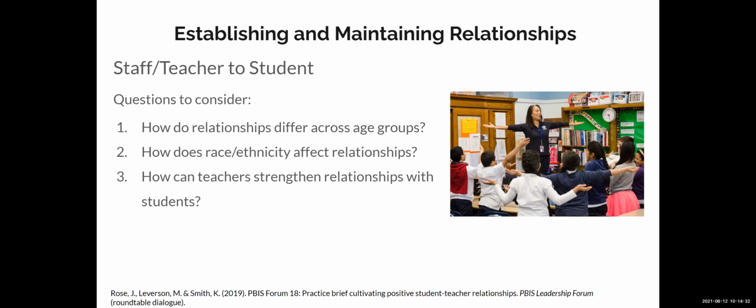So one strategy to increase a sense of inclusiveness for students of color is for teachers to convey genuine empathy with all students, to work to build trust, and to communicate high expectations for all.